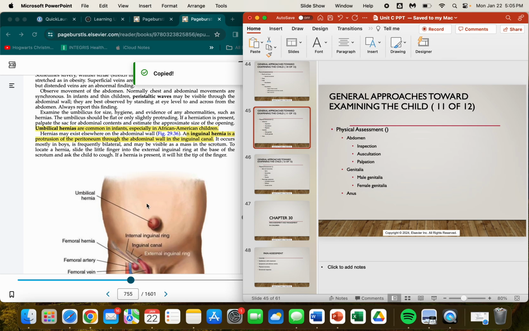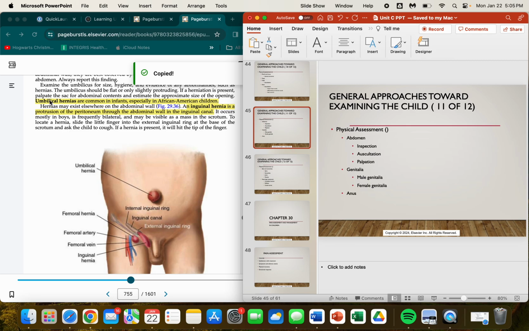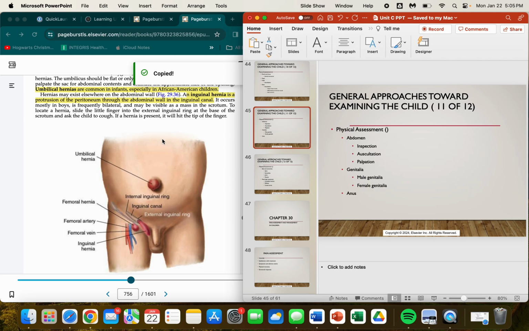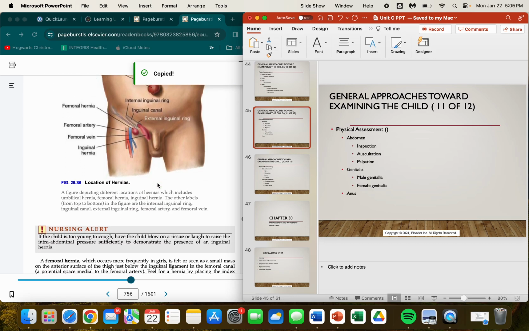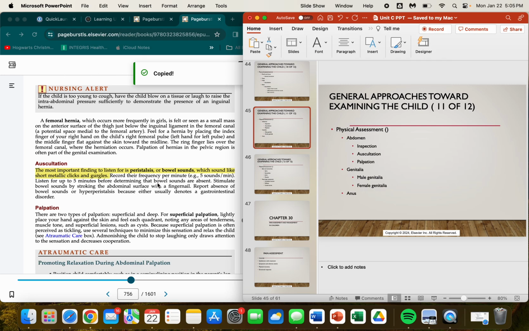In kids, your book talks about umbilical hernias being a little more common in infants, especially in African American children, and inguinal hernias can protrude through the peritoneum. So you might see an inguinal hernia here, an umbilical hernia here. Those are things that you may note upon abdominal inspection.